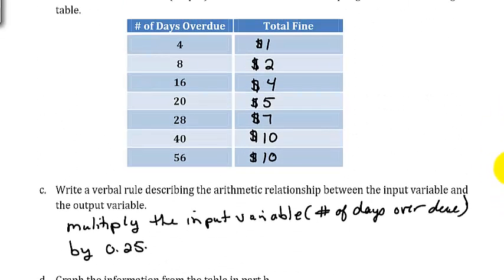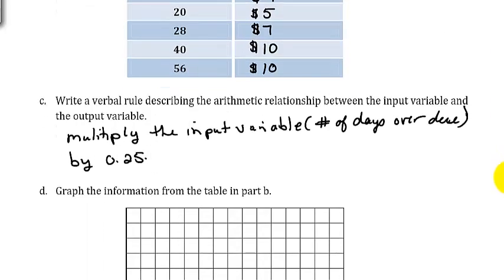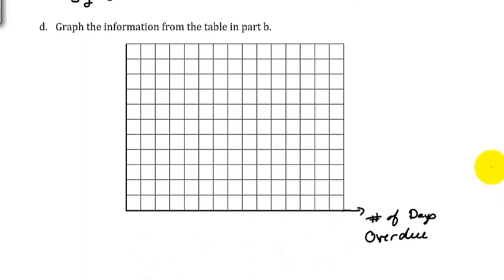And that's going to go from 0 up to 56. And so there's a total of 56 units there, and we have 1, 2, 3, 4, 5, 6, 7, 8, 9, 10, 11, 12, 13, 14, 15 tick marks to do it in.